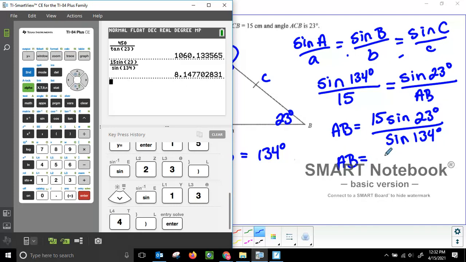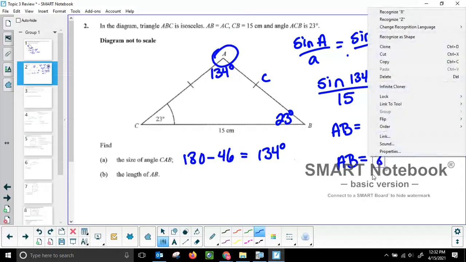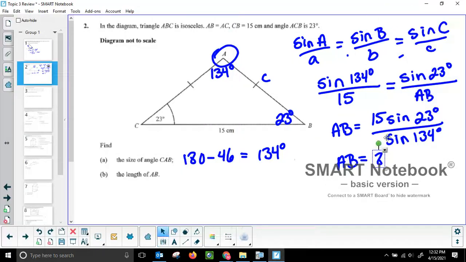I'm lazy, so I'll do 3 sig figs, 8.15. And that would be centimeters.